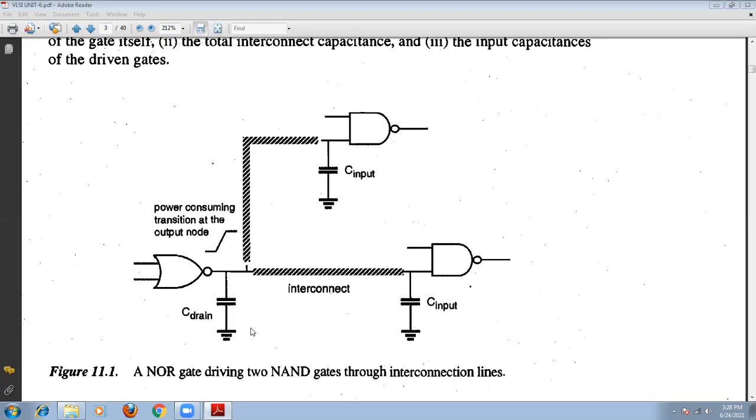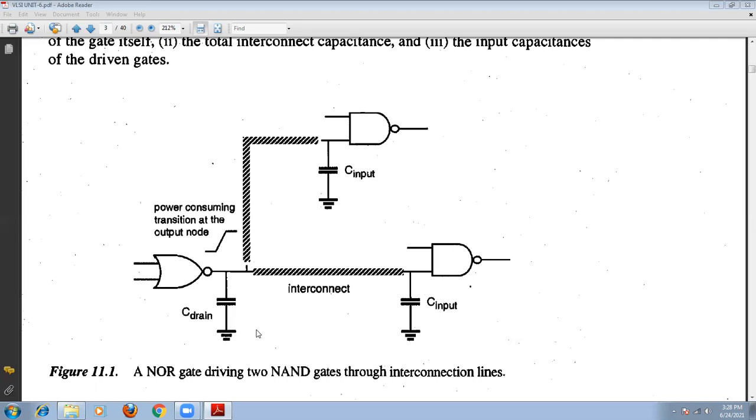So during the charging period, the capacitor charges to the value of VDD. During this transition, half of the power is dissipated by the PMOS transistor in the form of heat. So we also have to consider the PMOS transistors.